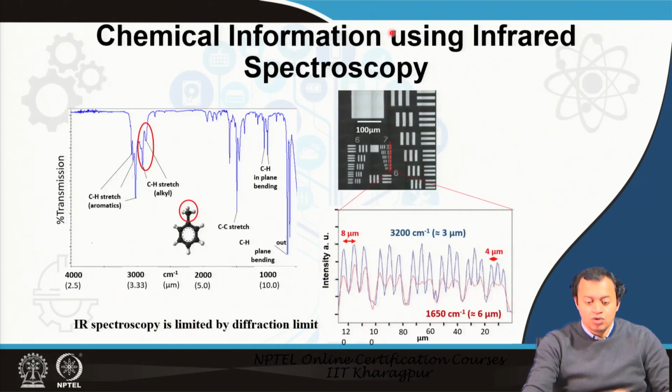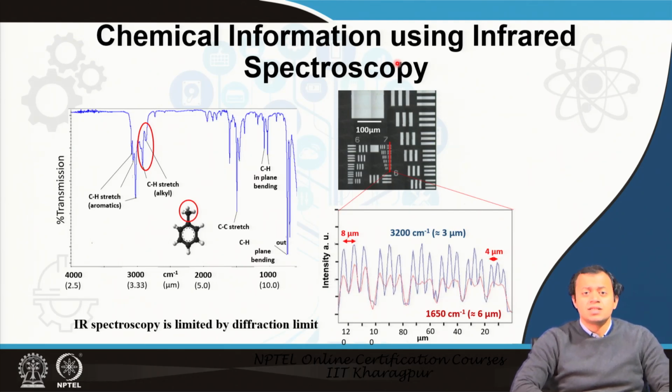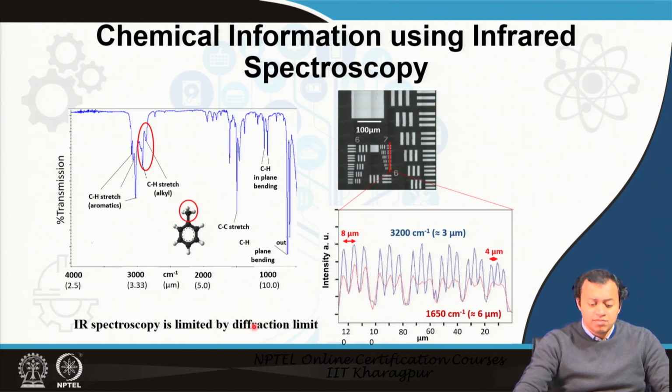However, when it comes to getting chemical information, we mostly rely on spectroscopy, i.e. molecular vibration, and molecular vibration happens in the infrared. So, if your molecule or your nanostructure is of a size of, say, less than the infrared wavelength, you start getting diffraction limited.